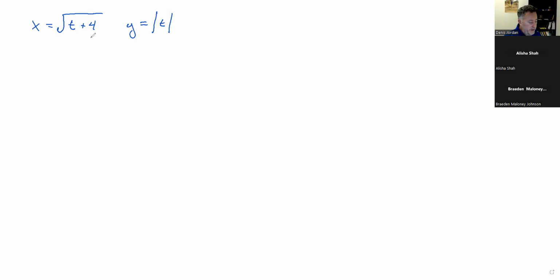So if you look at the functions the way that they're defined, y equals an absolute value, so y is always positive. So when you go to graph it, that means you can't have anything below the x-axis.